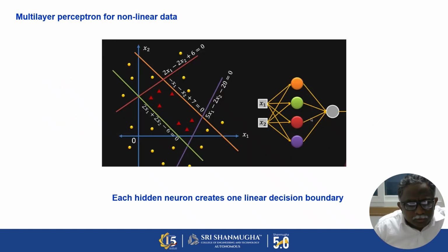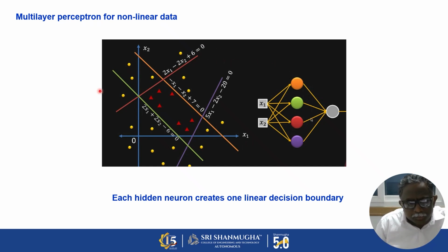So how is the multilayer perceptron able to classify nonlinear data? Here x1 and x2 are the input layer, these are the hidden layer, and this is the output layer. The first neuron in the hidden layer will give you one linear boundary, which is this one.